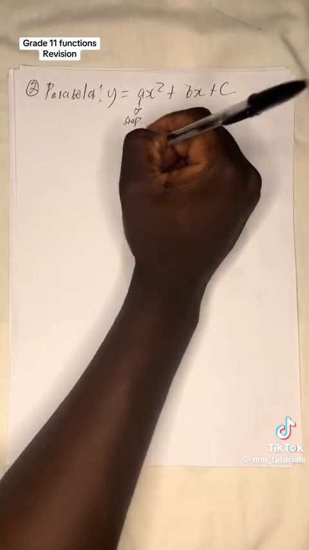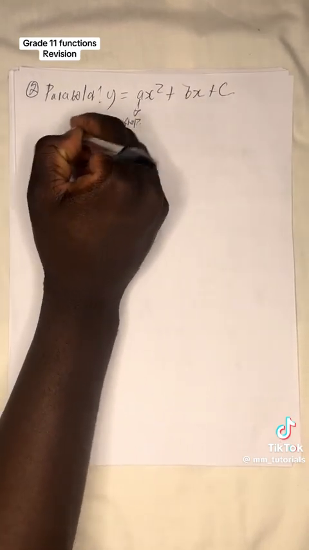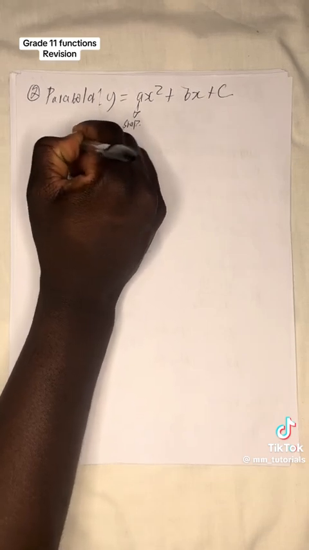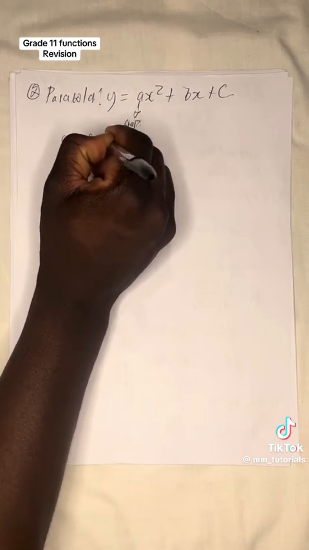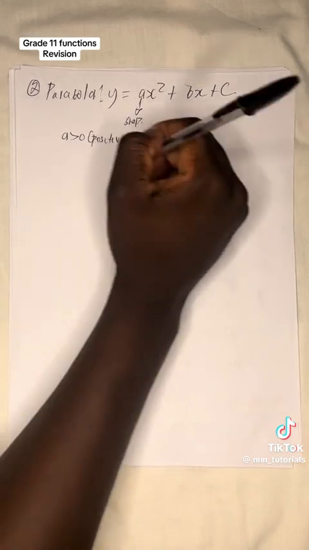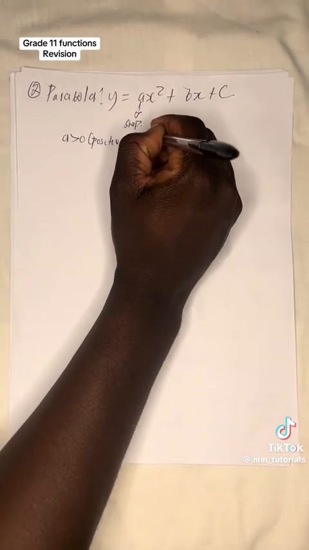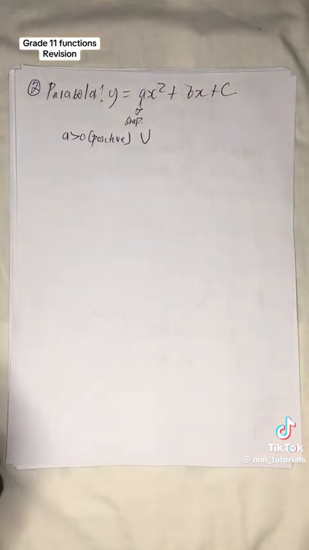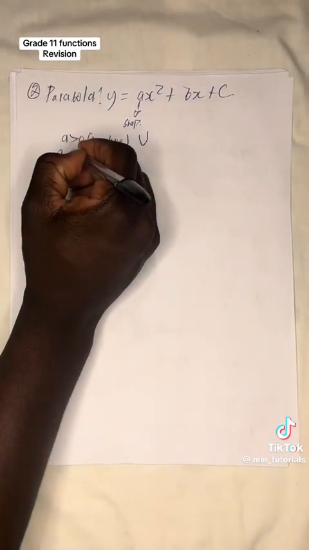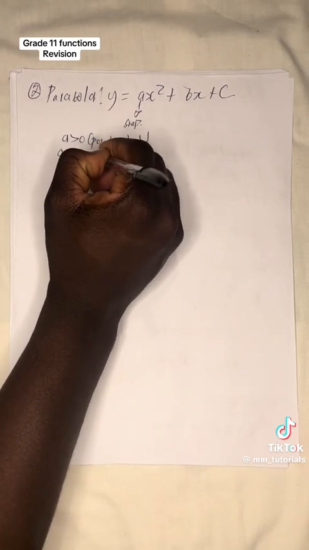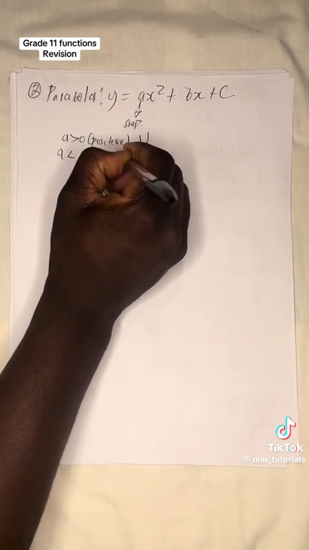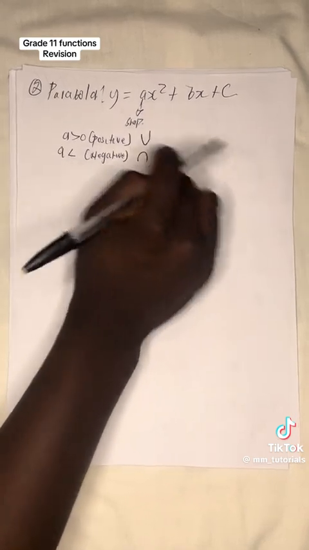If the value of a is positive, or greater than 0, we are expecting the shape of the graph to be concave up, or a smiling graph. What if a is negative, or less than 0? Then we are expecting the graph to be concave down.